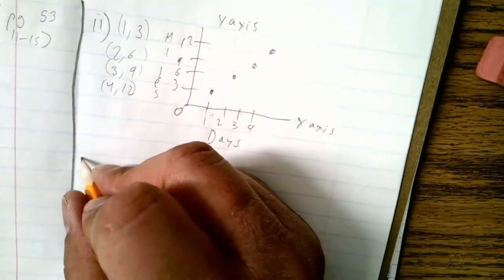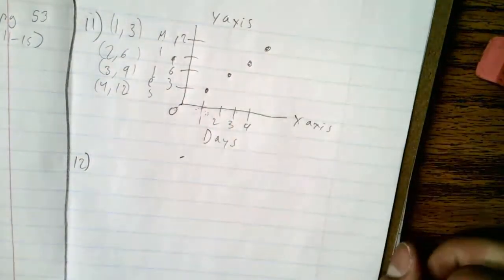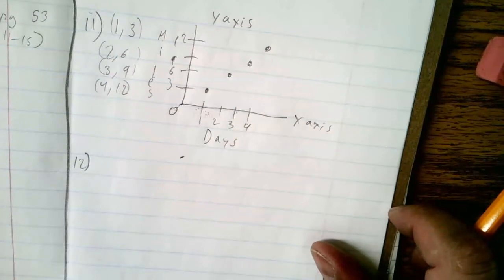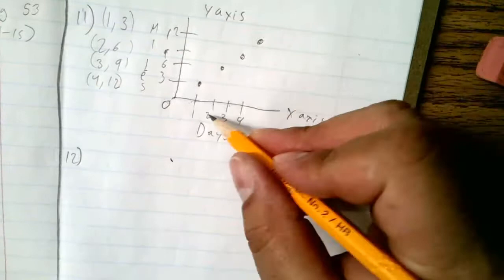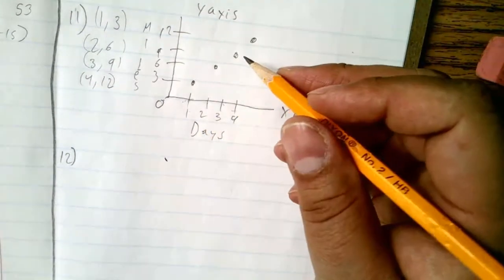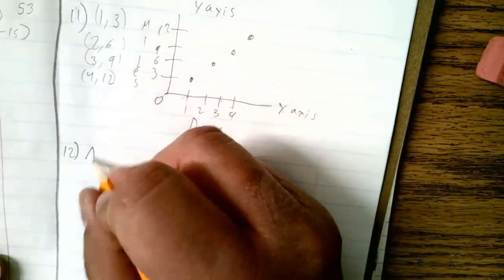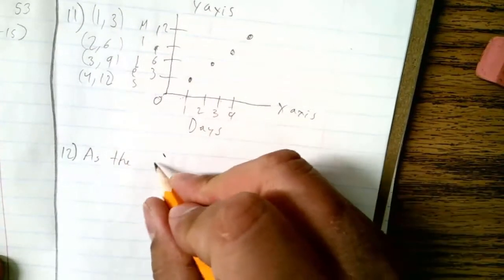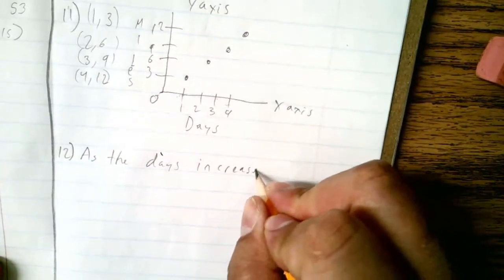Okay, number 12 is basically tell me what you see in the graph. What do you understand from the graph? As the days increase, the miles increase by 3, right? Which makes more sense, right?